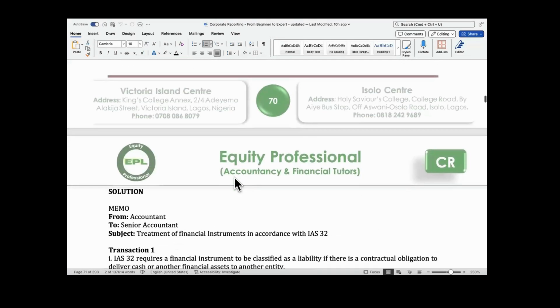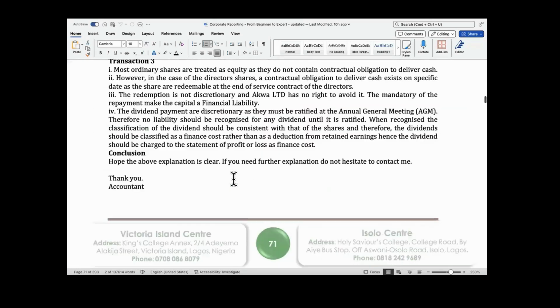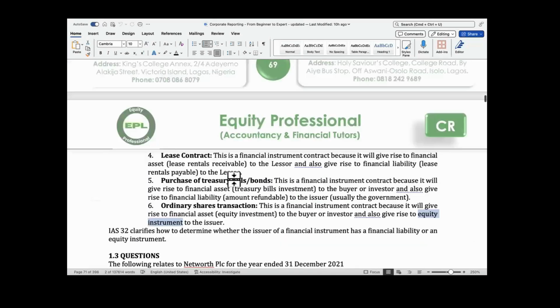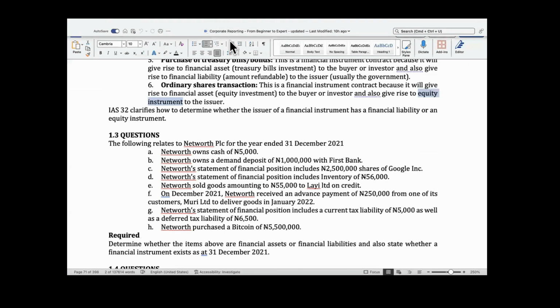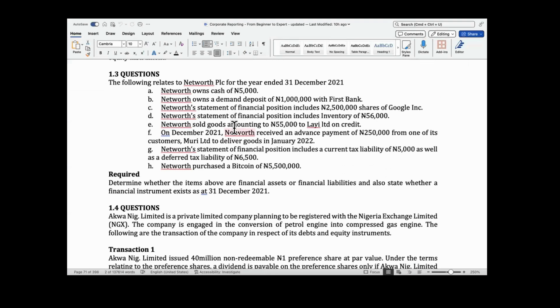Okay, I think that's the end of the first part of this class. So we'll be solving questions now before I move to the next part. I have like 2 very good questions for us to solve. Before I go to the questions, do you have any clarifications?